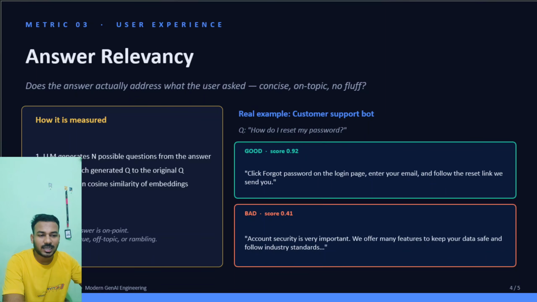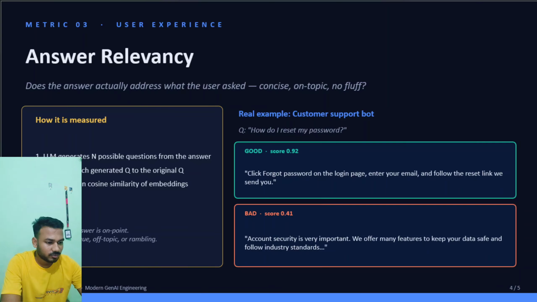Next, understand answer relevancy. Answer relevancy checks whether the AI actually addresses what the user asked. For example, you have a customer support chatbot, and the question asked by the user is, how do I reset my password? The LLM responds that account security is very important, we offer many features to keep your data safe and follow industry standards.